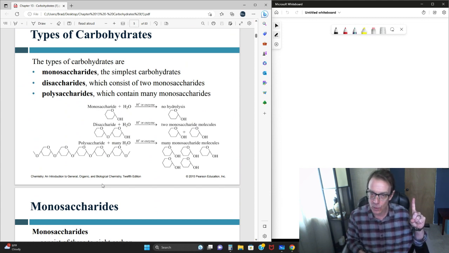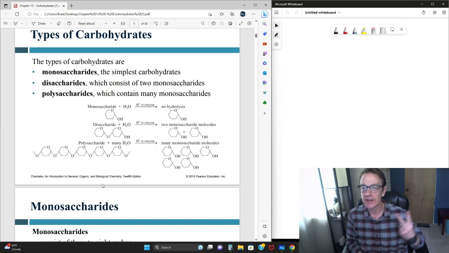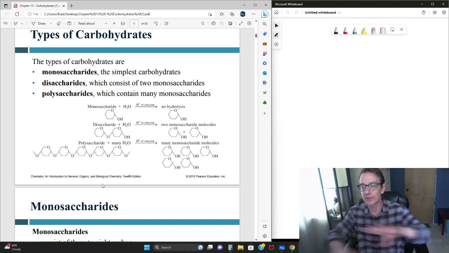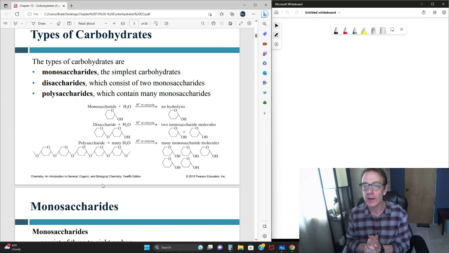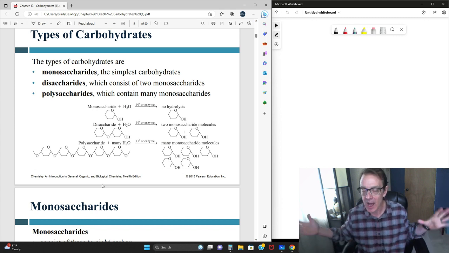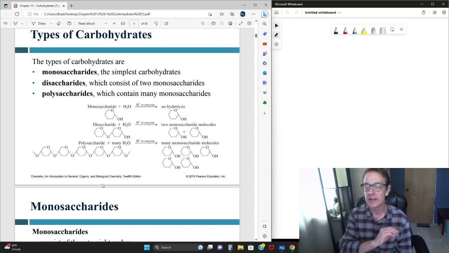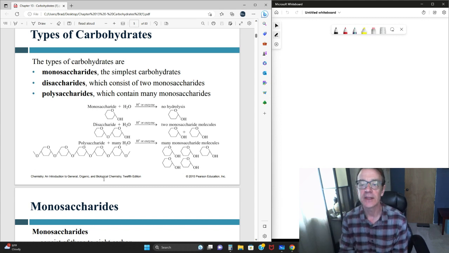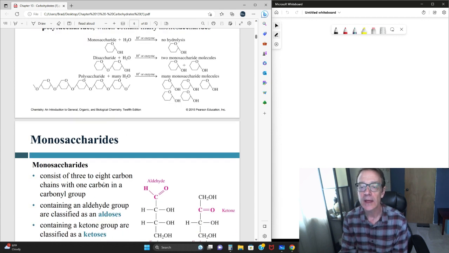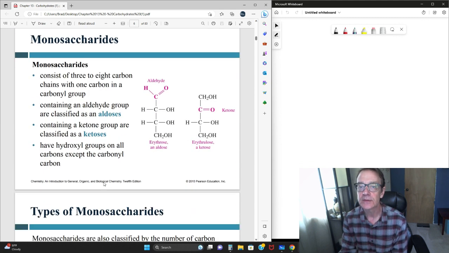Monosaccharides, there's one. Disaccharides, of course, with two, and polysaccharides is three or more. And as they get up into hundreds and hundreds of linkages, we get into starches and glycogen and other starches, as well as cellulose.